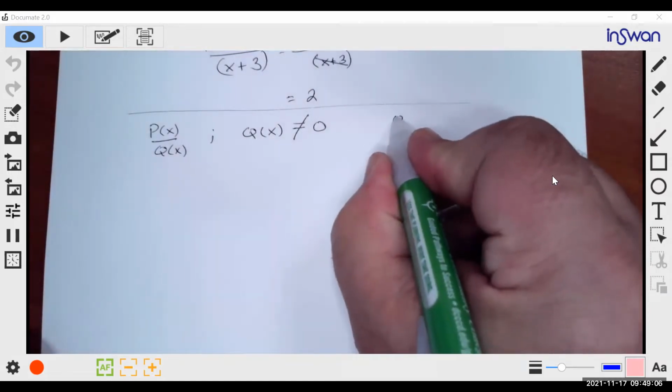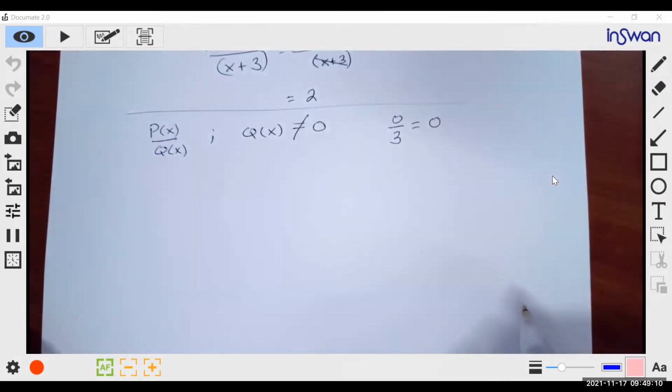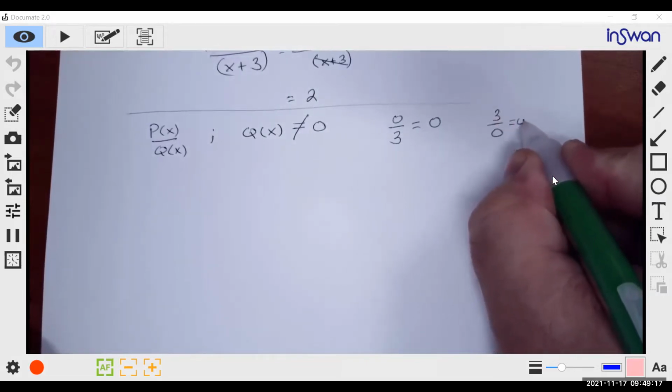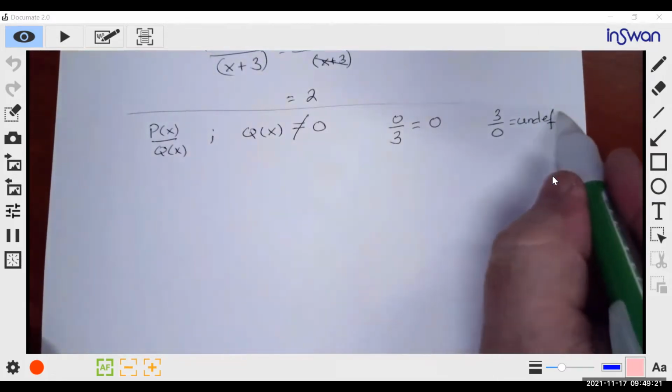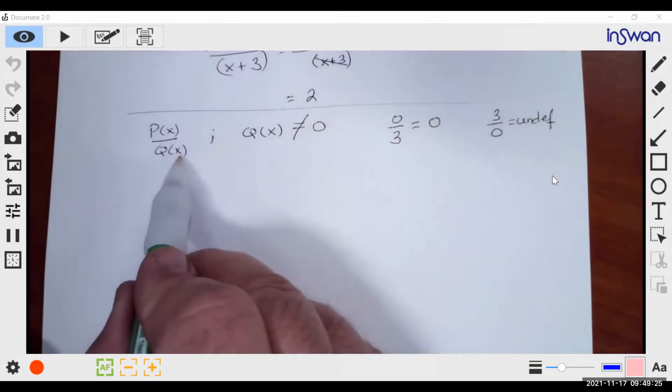Remember, if you have 0 on top, that equals 0. But if you have 0 on the bottom, that's undefined. And this is a no good. So we have to be very careful about what's on the bottom.